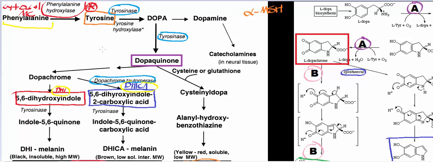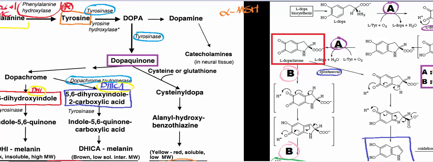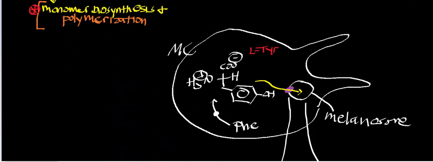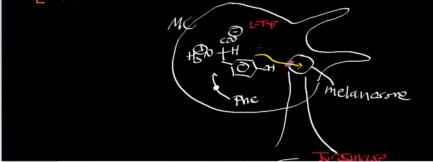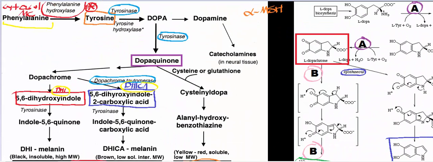I also want you to know that tyrosine gets transported into the melanosome, that there's a transporter that moves tyrosine from the cytosol of the melanocyte into the melanosome, the organelle where melanin synthesis takes place.